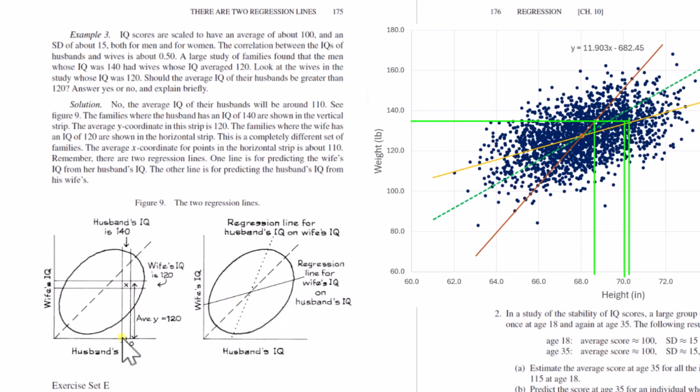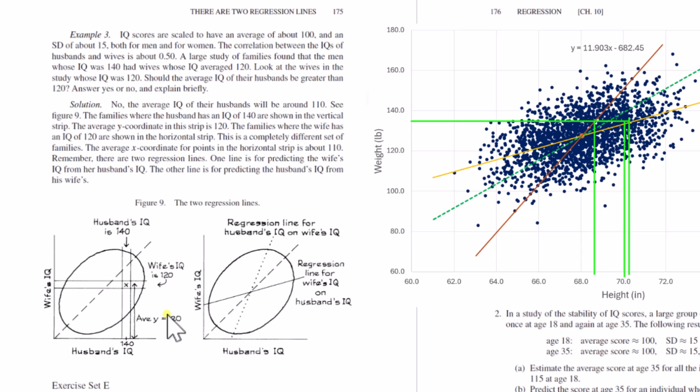Again, we know that the average husband's IQ for a wife's IQ of 120 is going to be less than 140, but we needed to see if it was, in fact, below 120. Well, we might have been able to figure this out. Did they give us the average? The average IQ of both was 110. We could guess that if we're above average, then going between regression lines, we're going to stay above average, right?